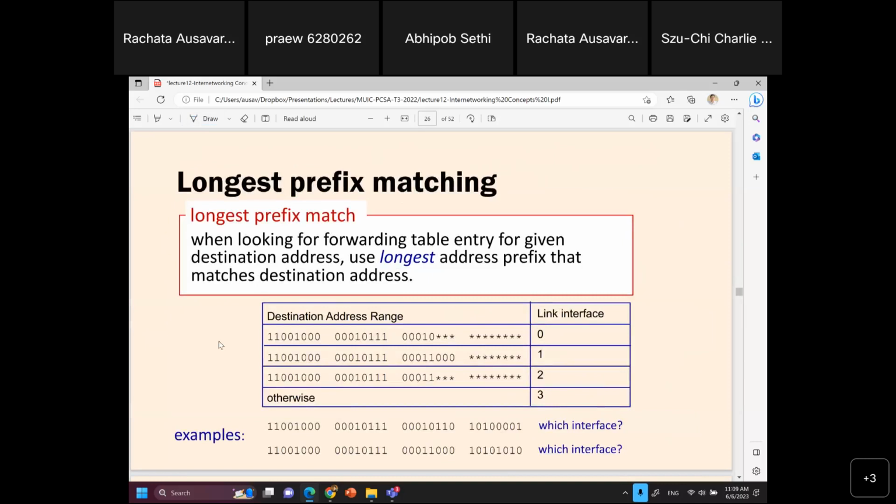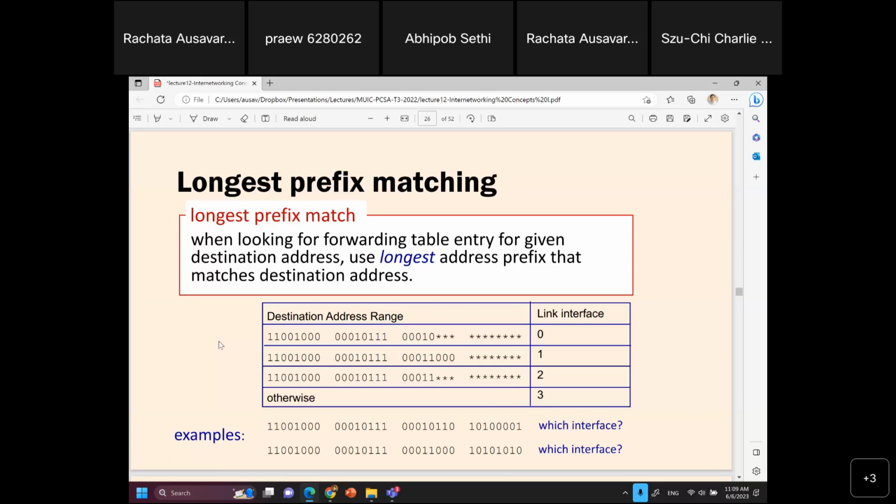If I'm trying to route and forward the packet, it's good if I know they're in the same subnet. So I can look at the connection, and then I have this table that says if my destination falls into this subnet, I go to link interface 0. If it's this subnet, I go to link interface 1. If I have this subnet, go to link interface 2.